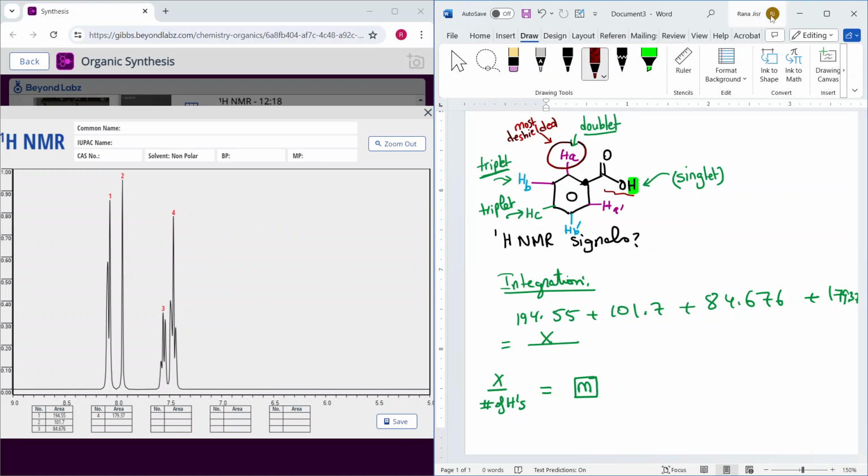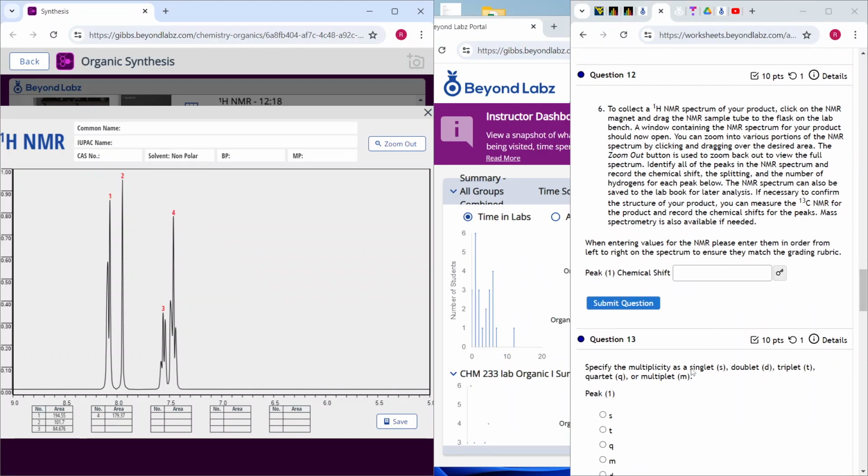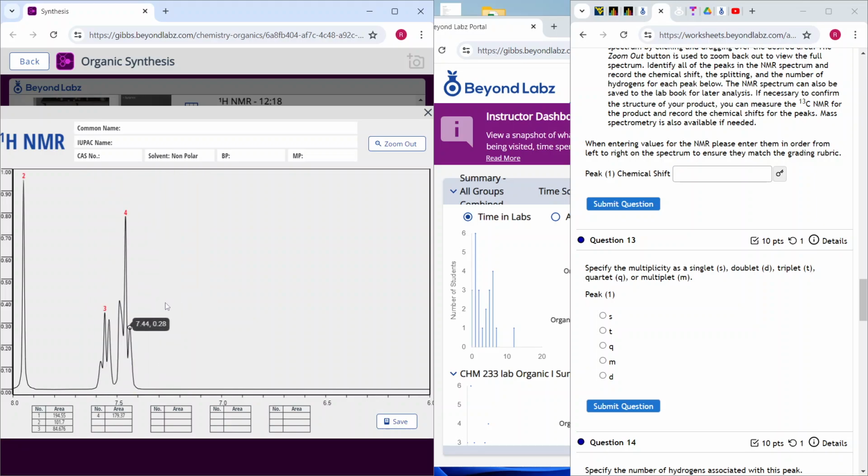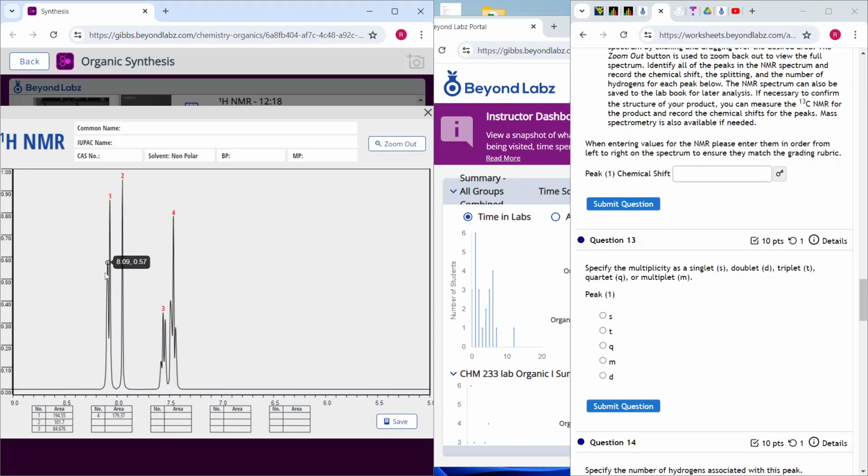So when you are filling in the peaks, it tells you peak number 1. What is that? You read the chemical shift for it and put it in here, and then it tells you the multiplicity, which means the splitting. Check it out. If you cannot read it, zoom in, okay? I zoomed too much. So zoom over here, and I can see it's a doublet.